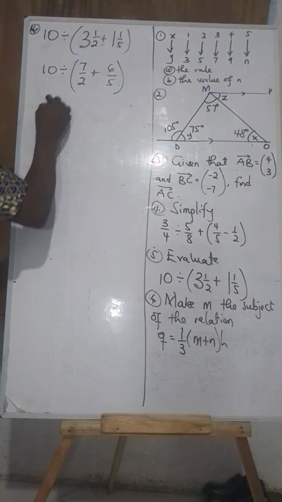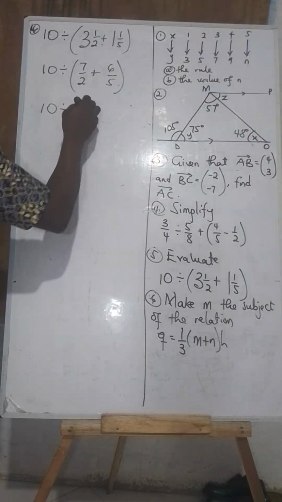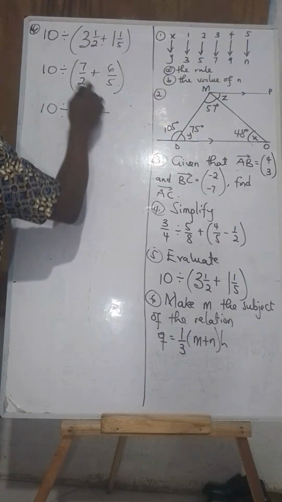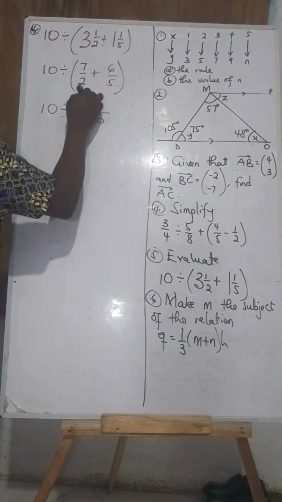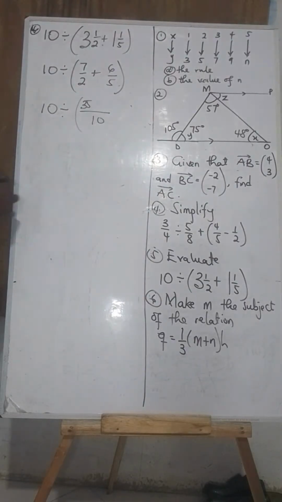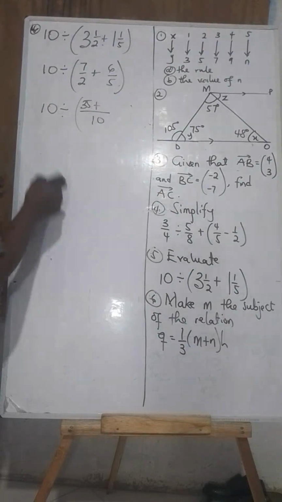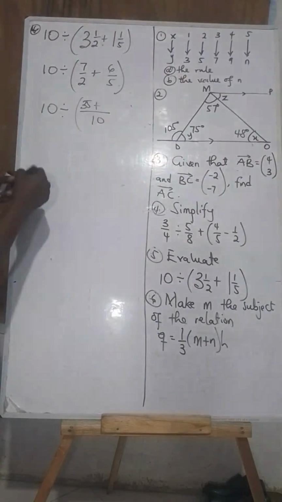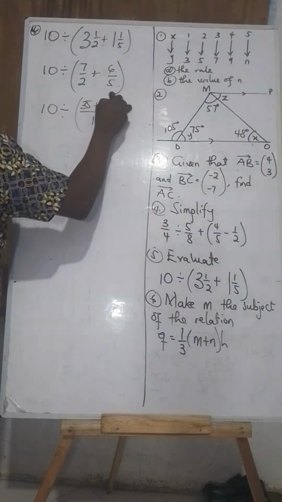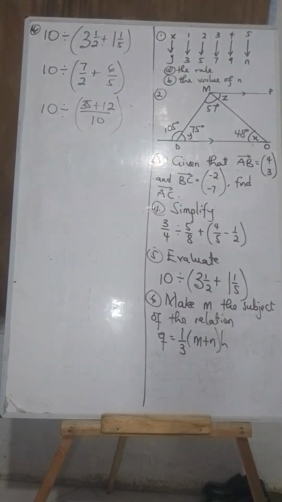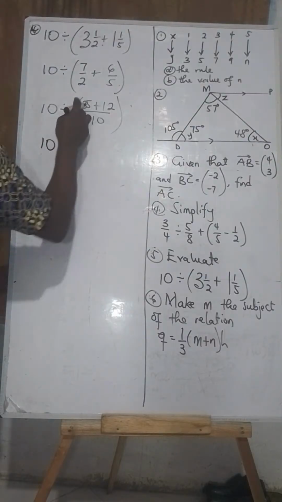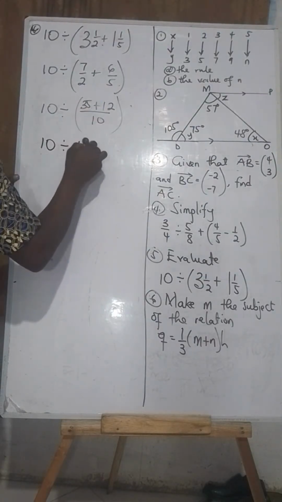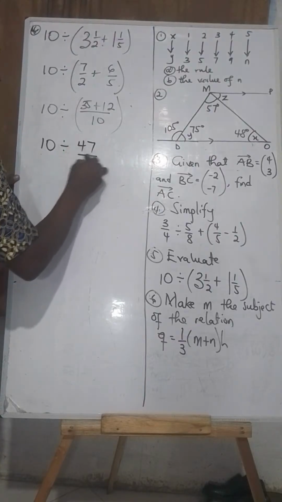So with this, you have 10 divided by, you still solve the one in bracket. So here we have 2 by 5 is 10, and 5 by 7 is 35, plus we have 6 by 2, that is 12. Right, so with this we have 10 divided by, this will give out 47 on 10.